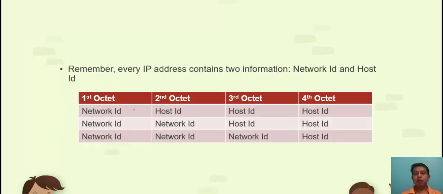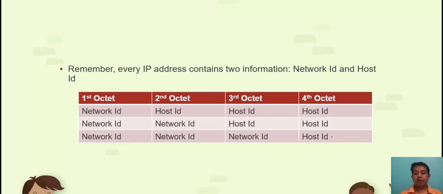I can use my first octet as the network ID, and then use the remaining octets as the host ID. Or I can use 2 octets for my network ID, and the other 2 octets for the host ID. Or I can use 3 octets for the network ID, and the 4th octet for the host ID. So I have these possibilities.